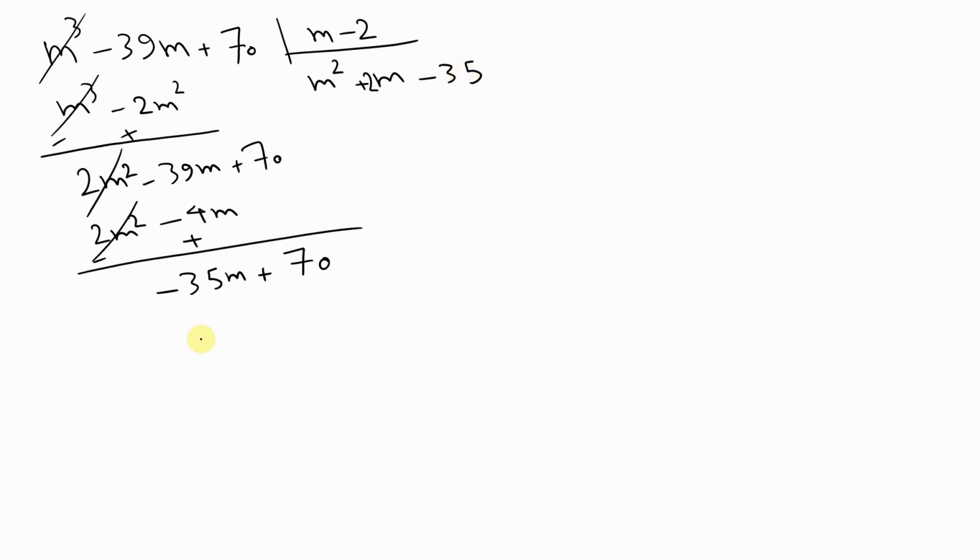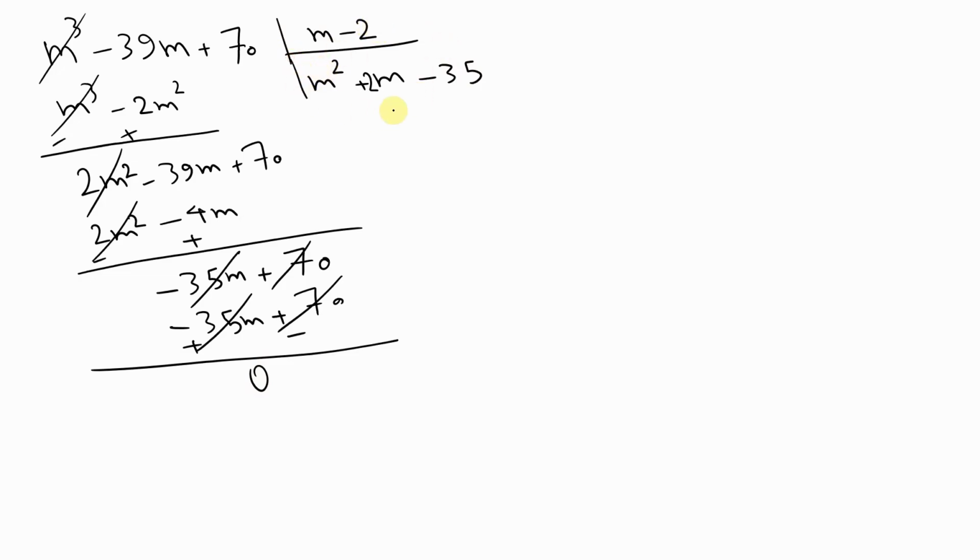And the last one, minus 35 times minus 2, which is plus 70. These are completely crossed out and the residue is 0. Why 0? Because 2 is one of the roots, m minus 2. So if you divide it, you are left with the expression and the residue is 0.